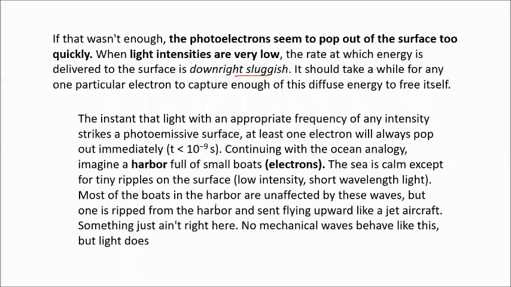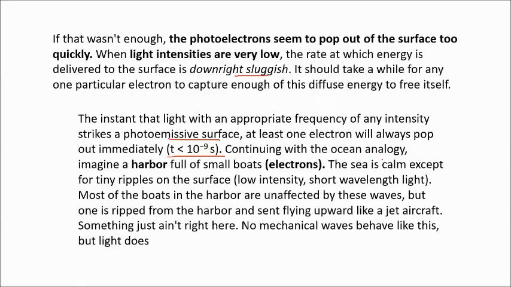Yet the instant light with an appropriate frequency of any intensity strikes a photoemissive surface, at least one electron will always pop out immediately, in a time less than 10 to the negative 9 seconds. That short span of time.